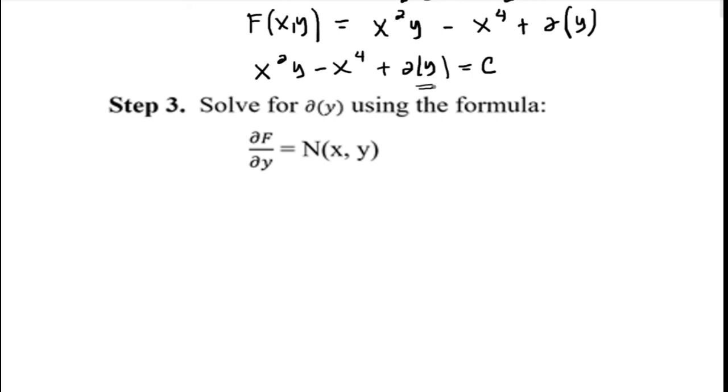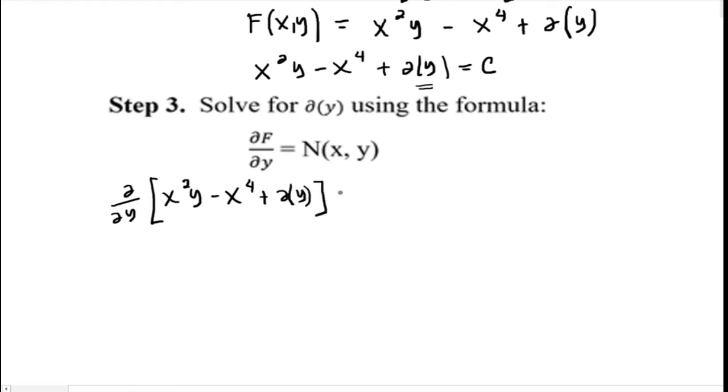We are going to use the given formula, that is the partial derivative of f with respect to y. And I'm going to substitute the function f, that is x squared y minus x to the 4th plus our unknown function of y, then equate it to our N value, which is 6y plus x squared. For the partial derivative of this expression, y is variable while x is constant.